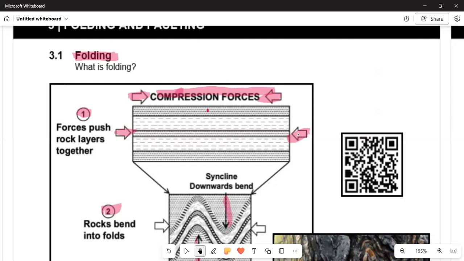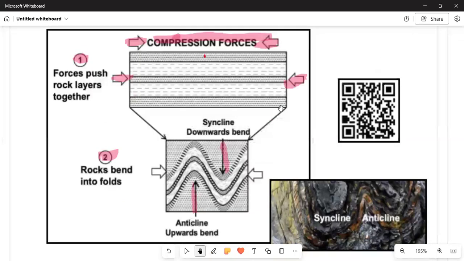So what is going to happen is that, number 1, the forces push the rock layers together. From this direction and this direction, they will meet somewhere in the middle. And this would create an inclined downward bend. As they bend, the movement would be up and down and sideways.